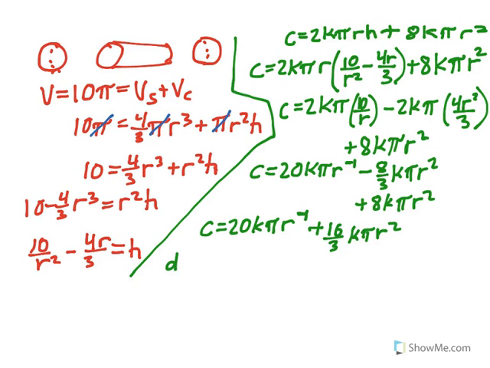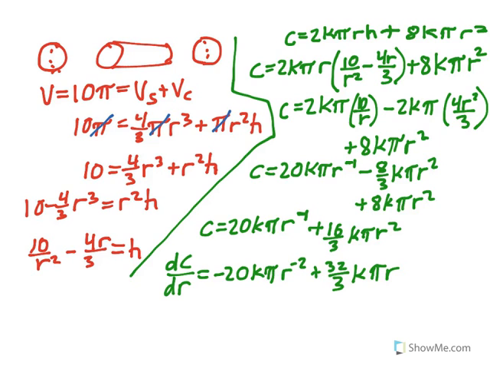This is going to be dC/dr, which is negative 20 k pi r to the negative second, plus, taking the derivative here, we get 32 thirds k pi r.